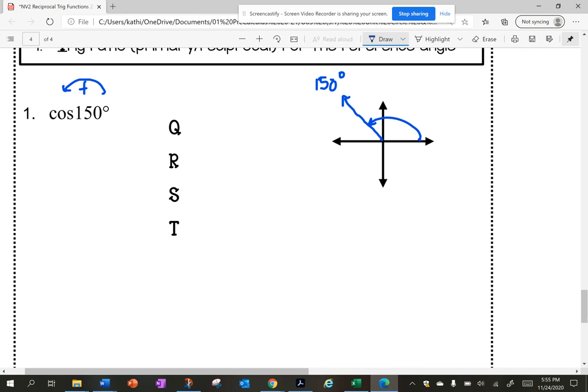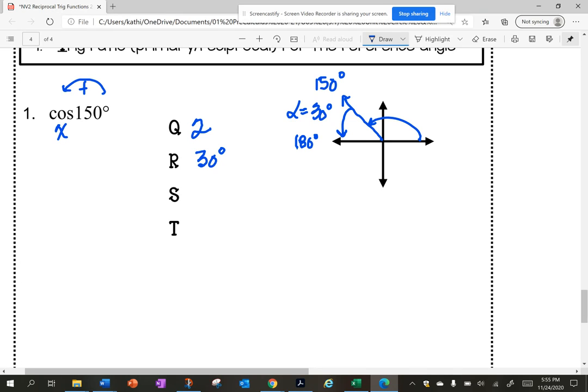I know that cosine is defined as my x coordinate. So let's start filling out. Q stands for quadrant. I'm in the second quadrant. My reference angle, so here's my reference angle, always takes me to the x-axis. So if this is 180 degrees, my reference angle alpha is 30 degrees. 180 minus 150 is 30.